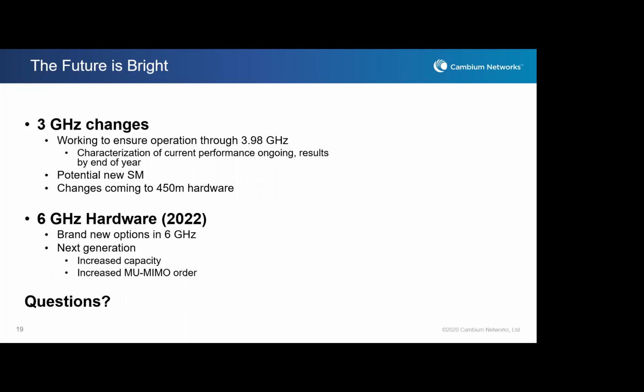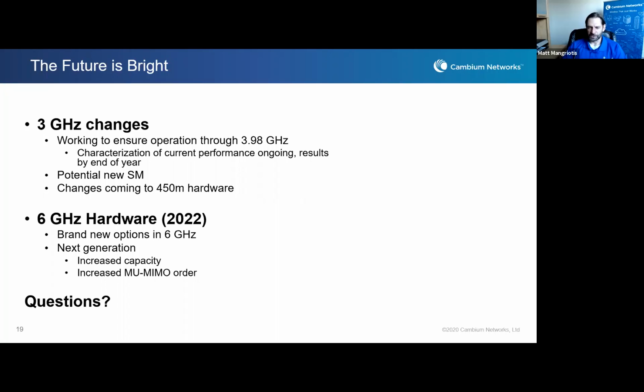Perfect. So does the intermediate modulation mode work on the older 450 models as well? It's on 450i and 450b hardware. I do not believe that the old 450s do that, certainly not the APs.